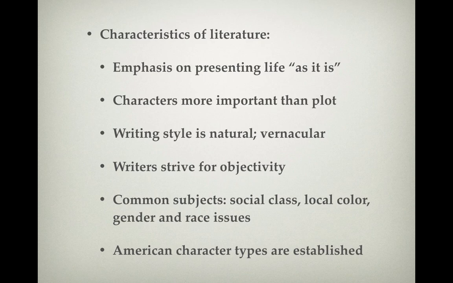Now that the United States has been around for a longer period of time, we see the unique elements of American voice that make it distinctive from any other country. One example would be the American cowboy, right? You don't meet a cowboy in Europe. You don't meet a cowboy really anywhere else. But those character types start to grow out of our culture and establish themselves as uniquely American.